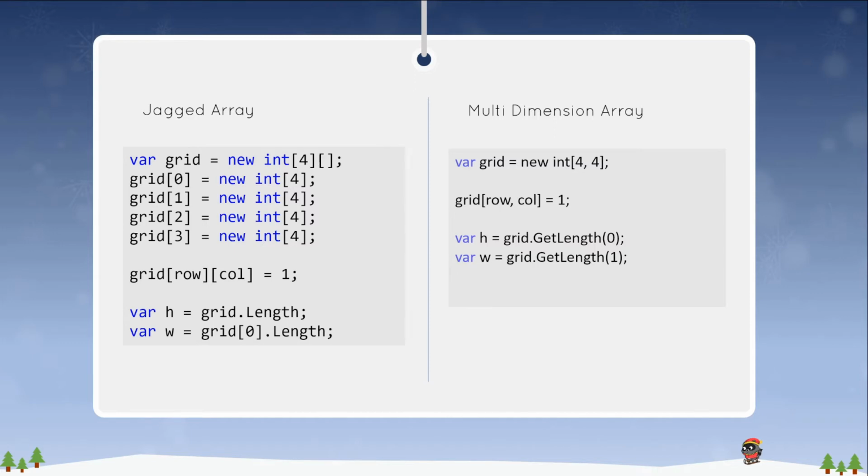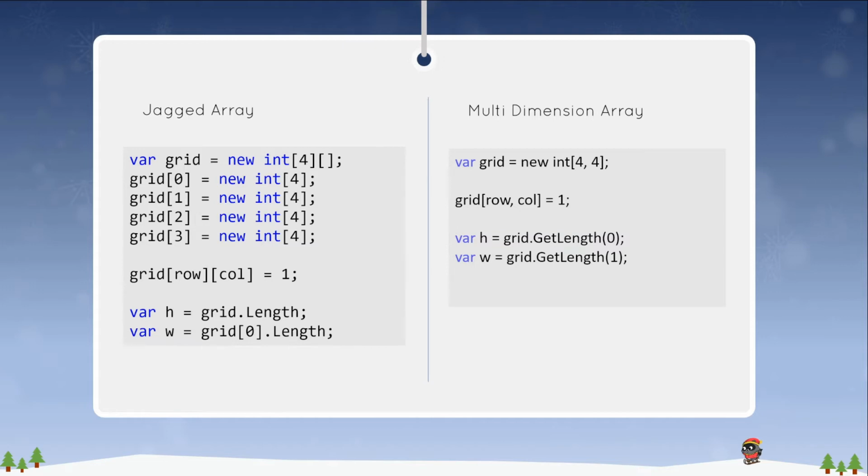Alternatively, and more efficiently, we can use a multi-dimension array. And in this case, we just require a two-dimensional array. We can initialize it in a single command, and accessing the elements is relatively similar. Although in this case, we pass both the row and the column into the indexer. To get the height and the width is slightly more complicated.